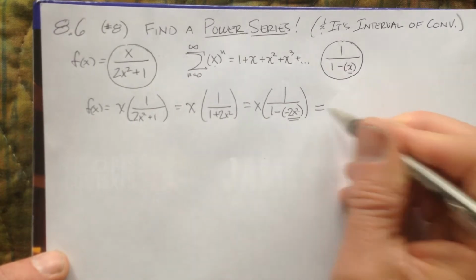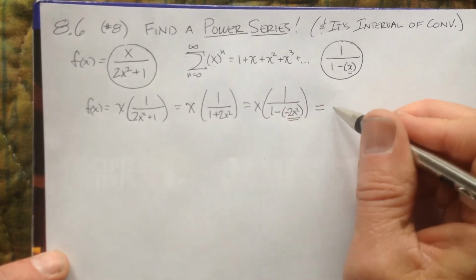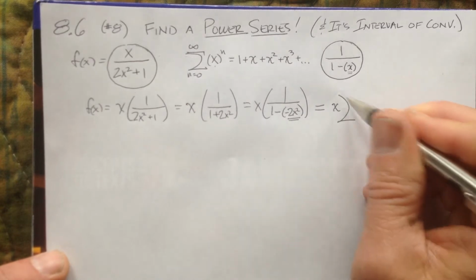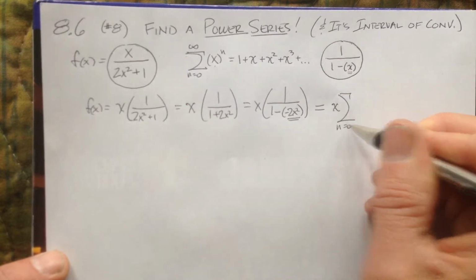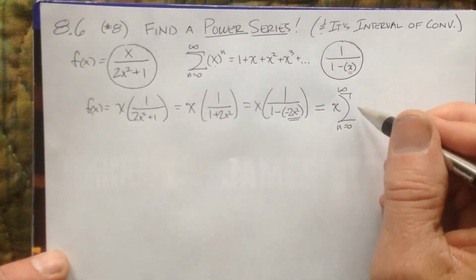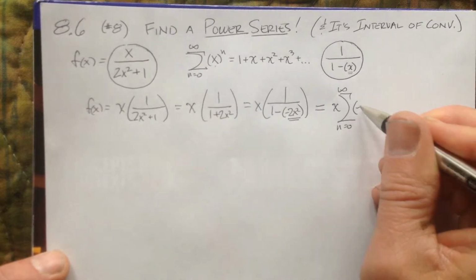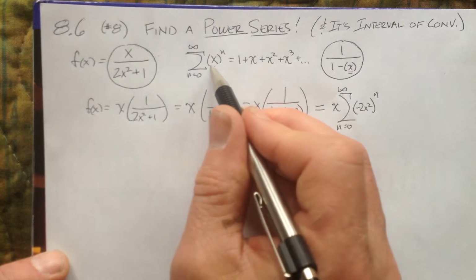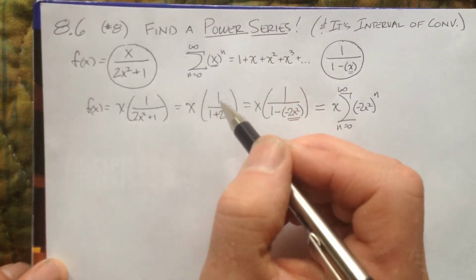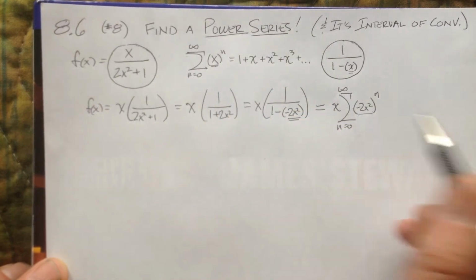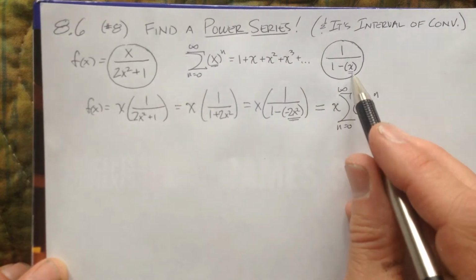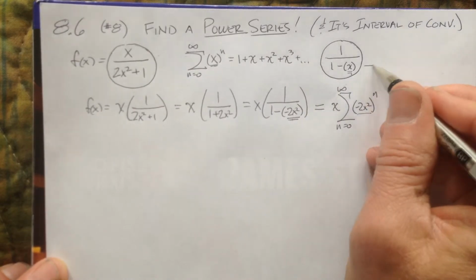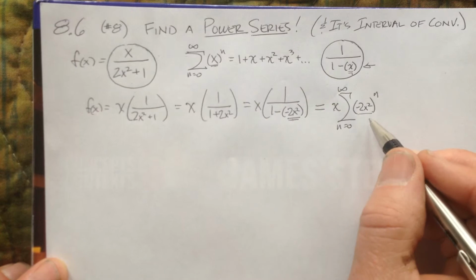So that means I can write this with that x out in front as the summation from n equals 0 to infinity of minus 2x squared to the n. Again, I just go up to my geometric series and I replace x with what I found x to be in this form. So use this as a template and go through those steps and you'll be good.